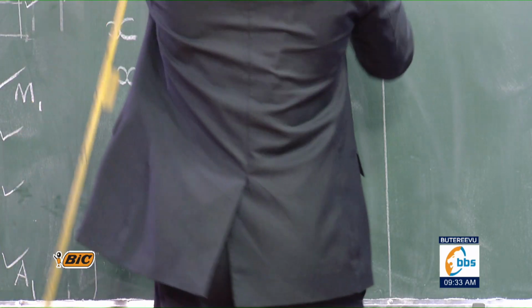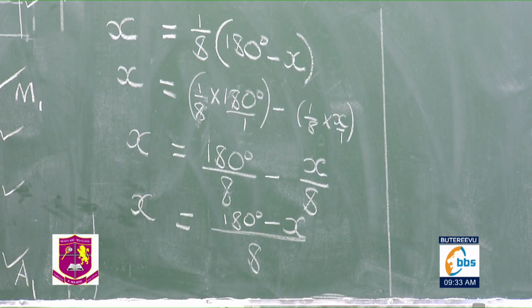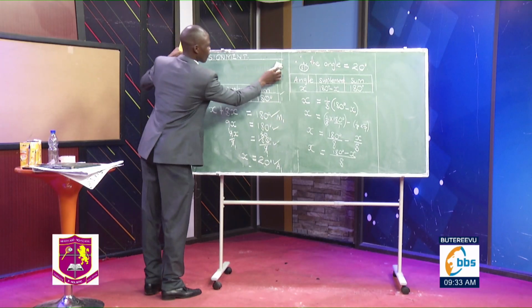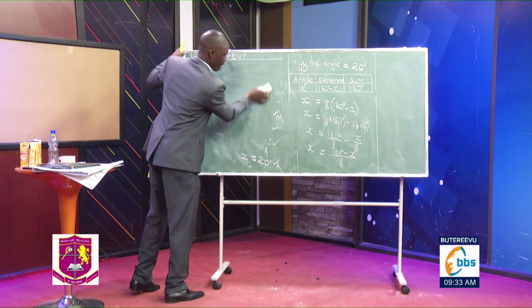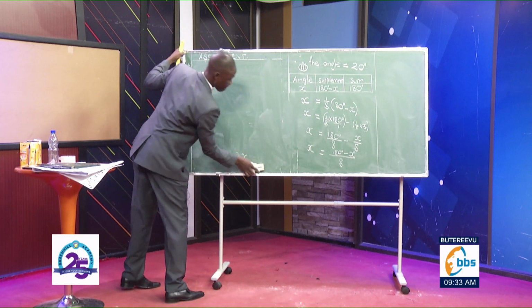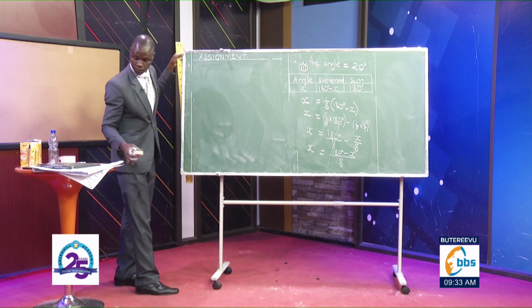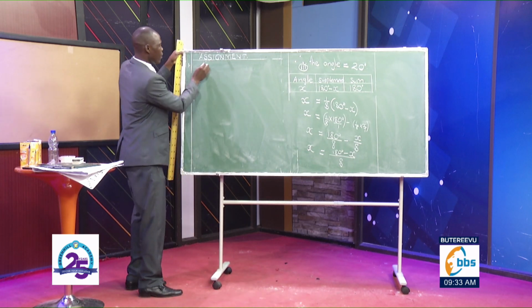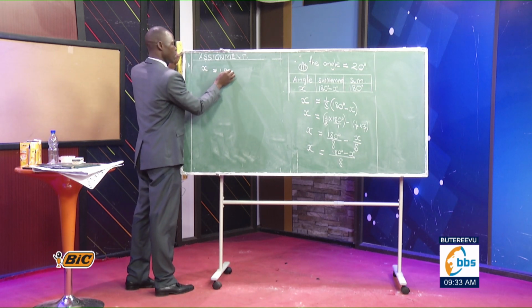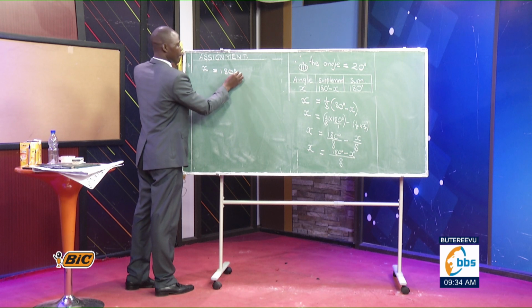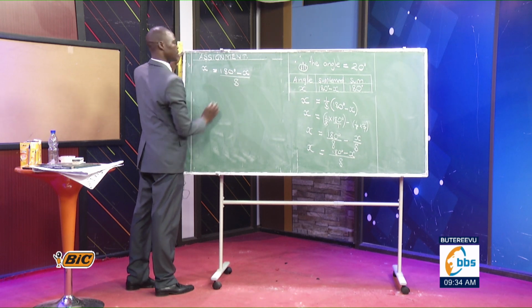Let me write what is left here. Our x is equal to 180 degrees minus x, everything here out of 8.